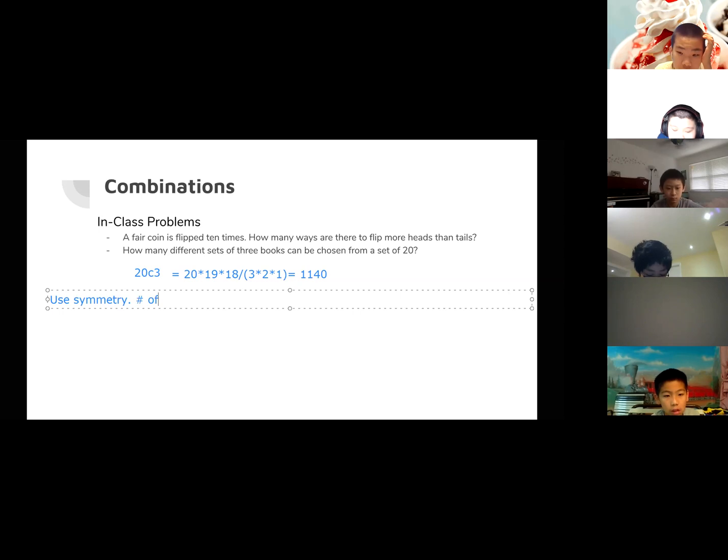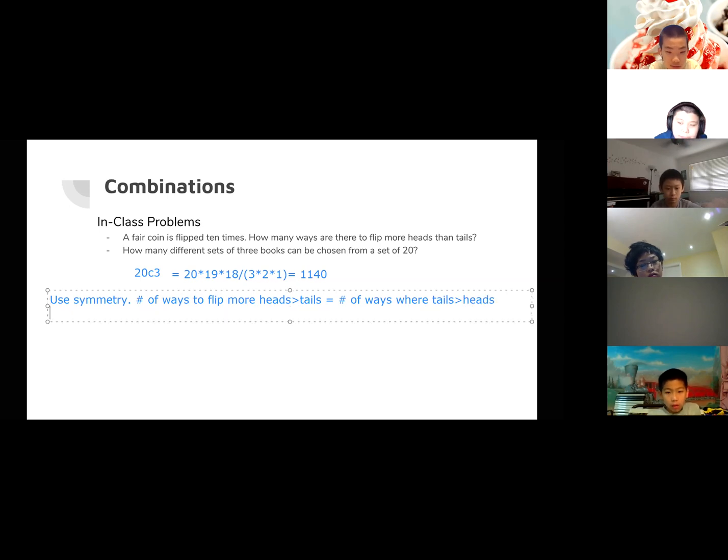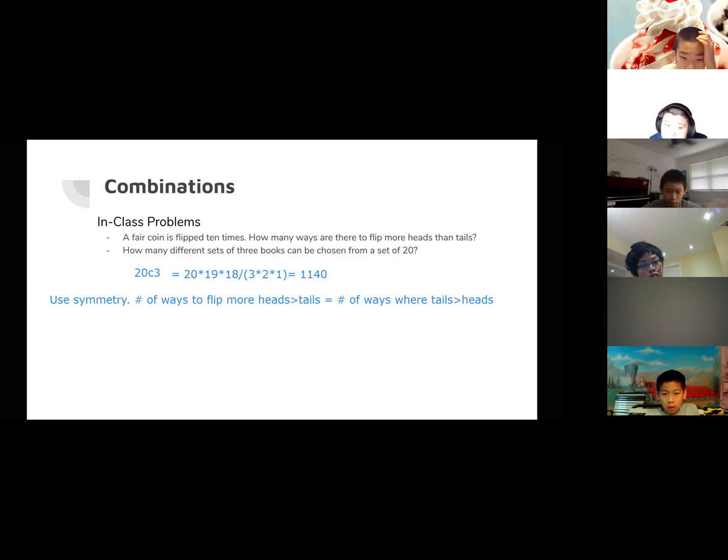The number of ways to flip more heads than tails equals the number of ways where there are more tails than heads. And then you can use something like complementary counting, and then it shouldn't be too bad.